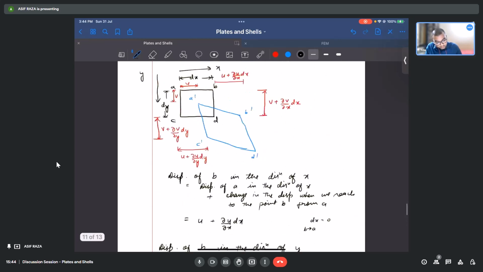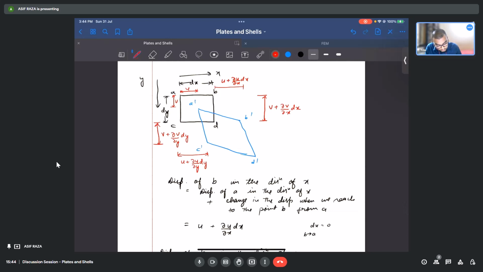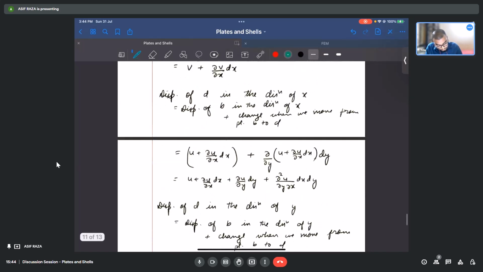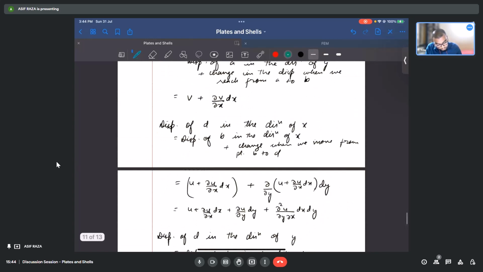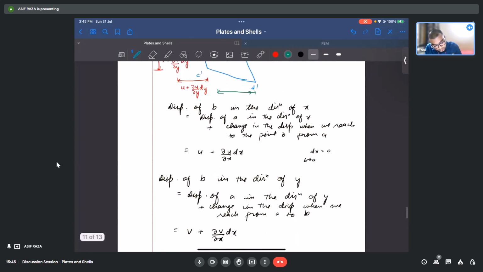So the final results come out as follows along the x direction. Let me write this in a different color. This comes out to be u plus ∂u/∂x dx plus ∂u/∂y dy plus ∂²u/∂y∂x dx dy.